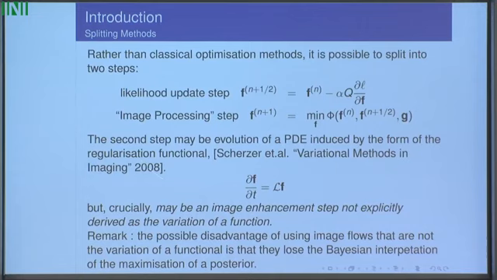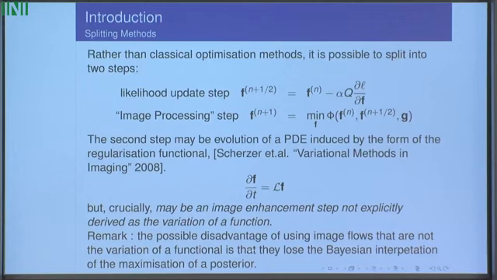So in general, this can be some kind of image enhancement step which is not explicitly derived as a variation of a function. So if this prior is a functional, this image processing step can be written as this evolution by some operator L. This would be the Euler-Lagrange equation of the prior. But you could replace it with any kind of image enhancement step, like a denoiser or median filters. And under certain conditions, these will still have a property of converging to a solution.